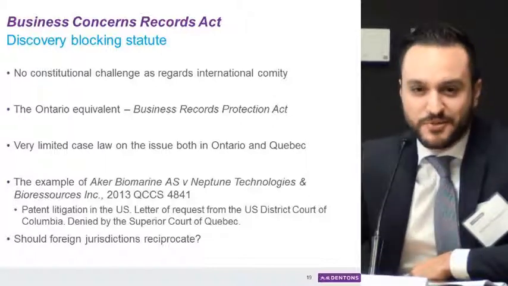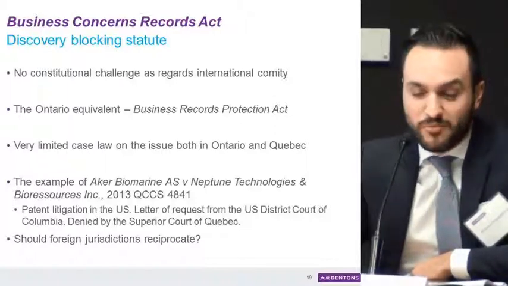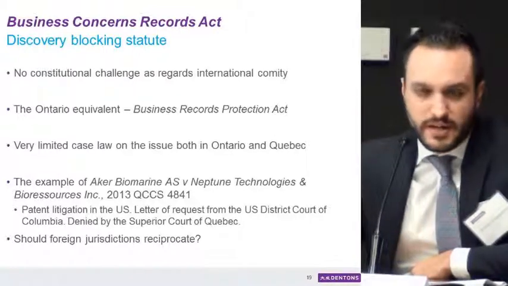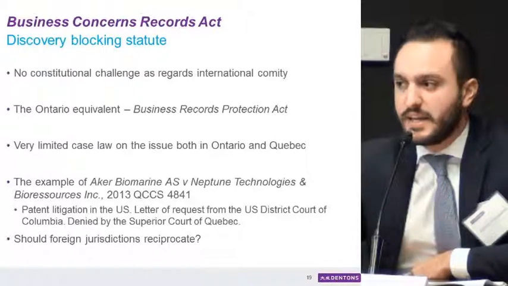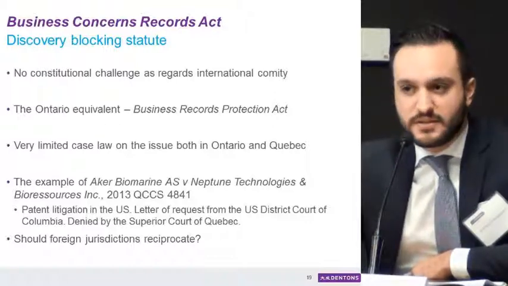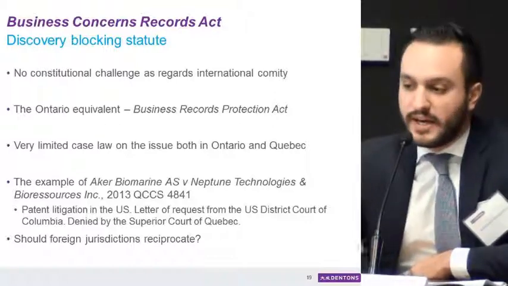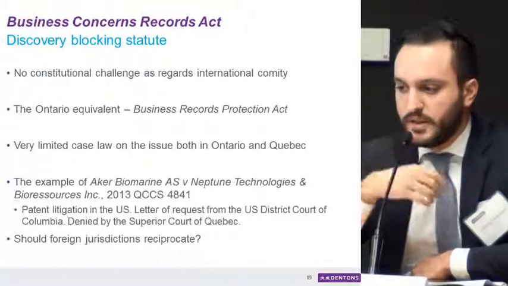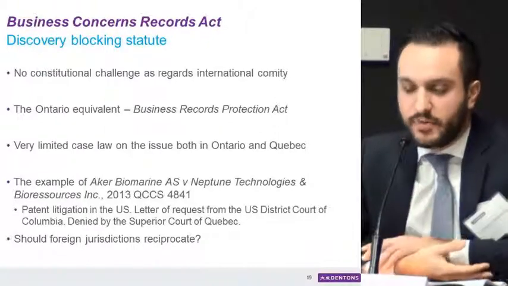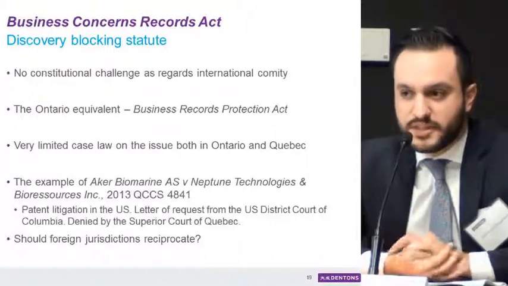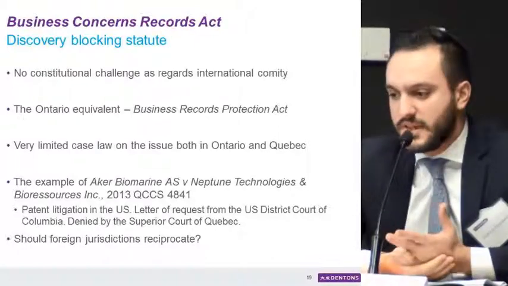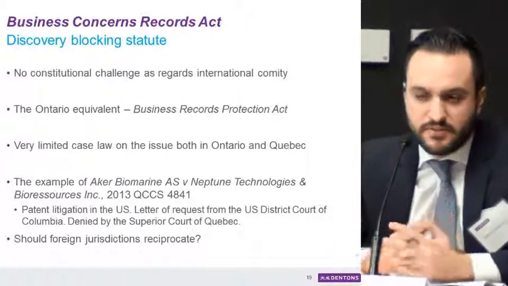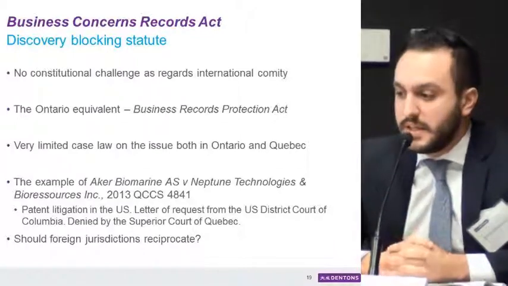So the Quebec courts were asked to apply the Ontario statute, and they applied it, and it was confirmed by the Court of Appeal. However, this was before the Hunt case. So as of today, the state of law is that between Canadian provinces, these statutes cannot be invoked, and only Ontario and Quebec have these blocking statutes. On the international scene, however, it remains unclear what the relevance of such a statute is. Our view is obviously that with regards to international comity, this type of statute should not be applied.